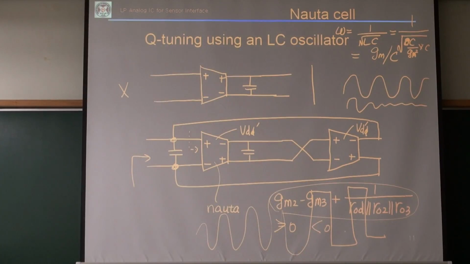So for the proper VDD prime value, this becomes 0 and we will have a constant amplitude oscillation, right? That's Q tuning. We can adjust this GM by using some phase-locked loop to set the oscillation frequency to a fixed frequency. Okay? So we have two kinds of tuning circuit.